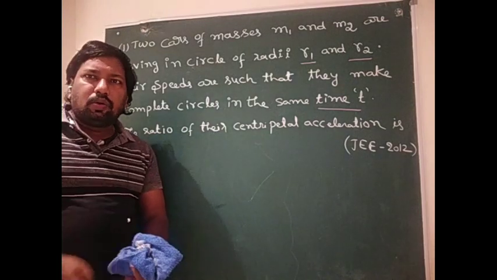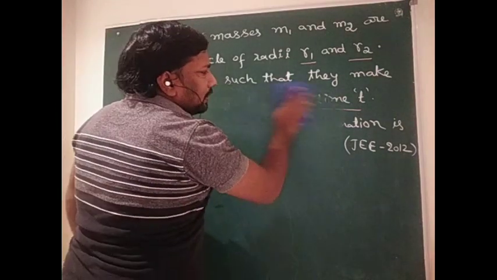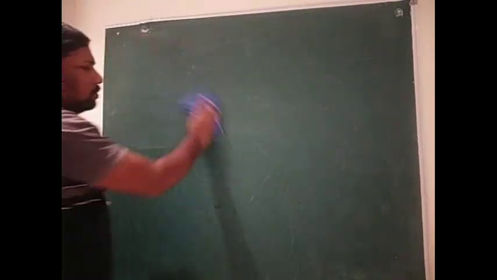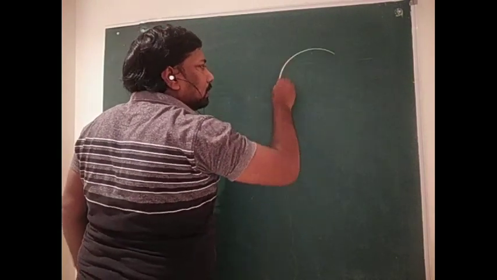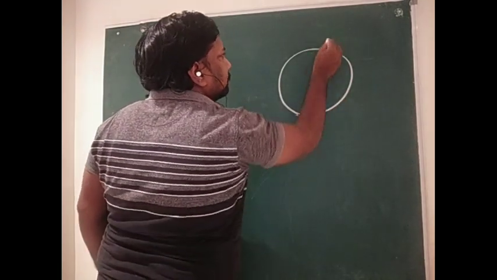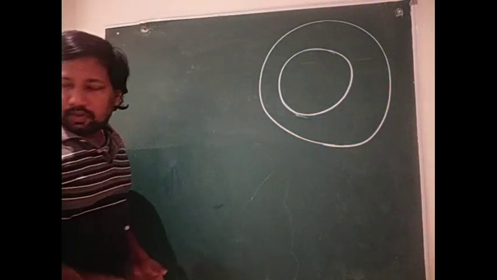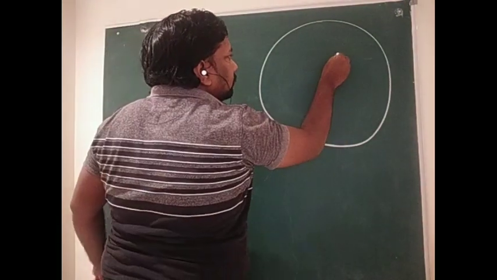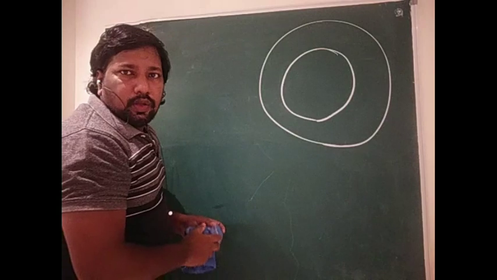So in this problem, the two particles complete a circle in the same time. So this is one of the circles, and this is the other circle.